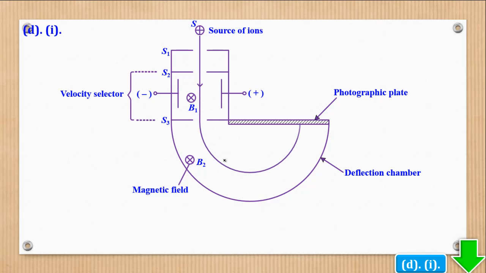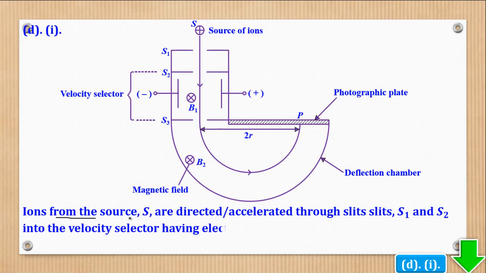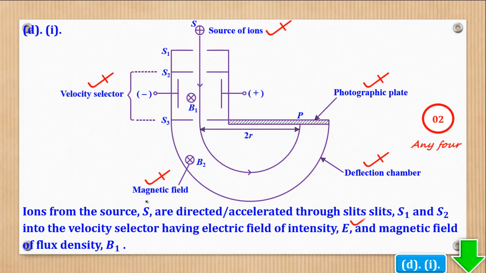From here, they will be deflected to make a circular path and hit the photographic plate. And if the radius is r, it means the diameter is 2r. So let's see how the diagram is used. 1. Ions from the source S are directed through slits S1 and S2 into the velocity selector, having electric field intensity E and magnetic field of flux density B1. Okay, so before we go to the next slide, that's the marks for this slide.